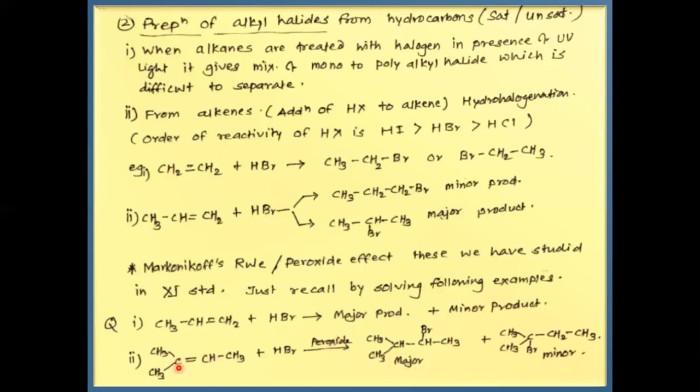So this carbon contains fewer hydrogens and this one contains more hydrogens. But here peroxide is present. So in presence of peroxide, the negative part of the reagent goes to that carbon which carries more hydrogen. So this will be the major product and this will be the minor product.